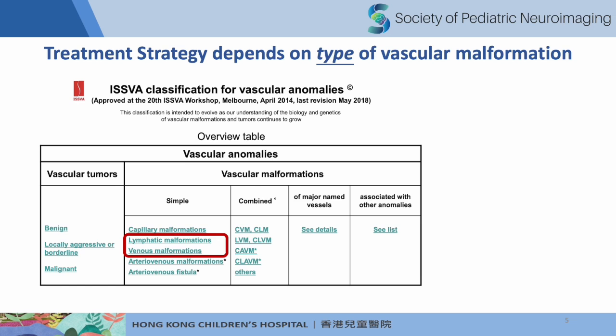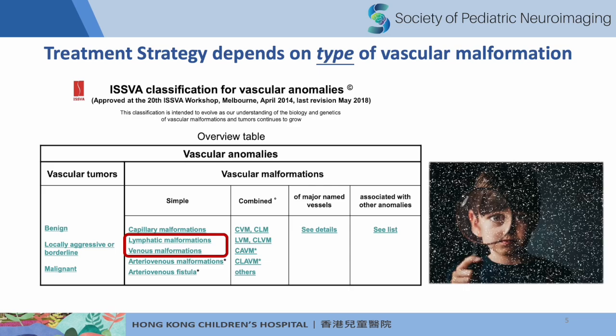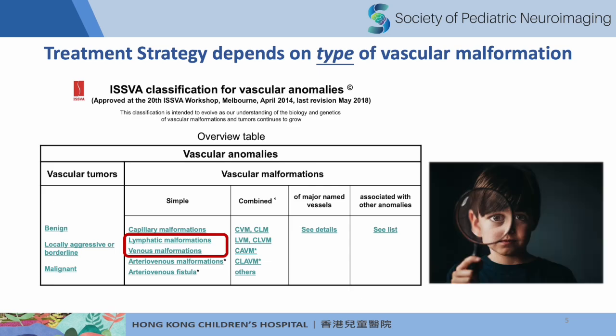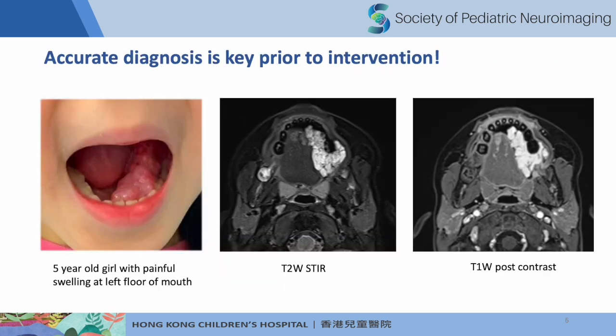Intracranial AVMs is a vast and complex topic requiring multidisciplinary management most of the time, so I'm not going to be covering this during my talk. So we'll focus on these 2 conditions.